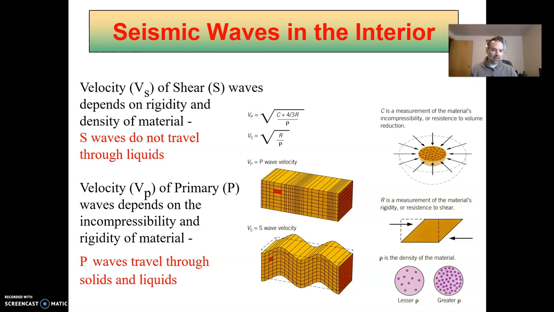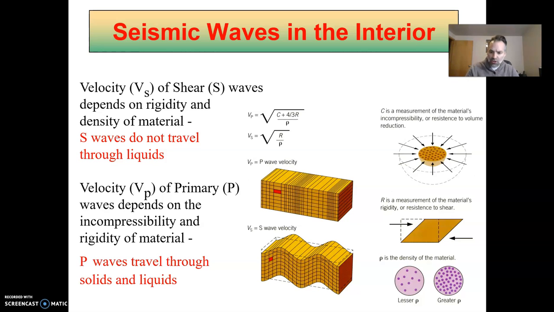We remember I talked about that I believe the shear wave moves perpendicular, and the primary wave moves parallel to the body of rock, I believe.